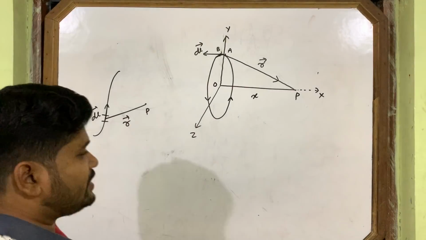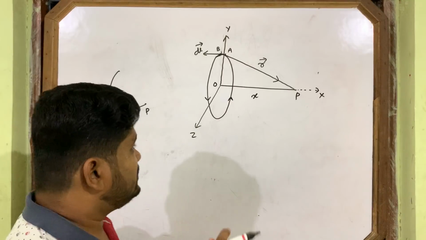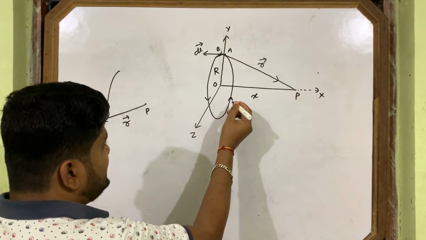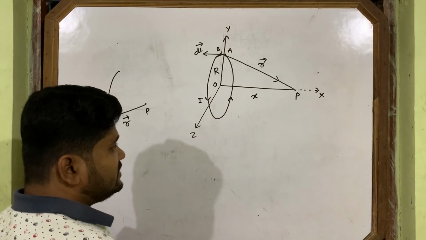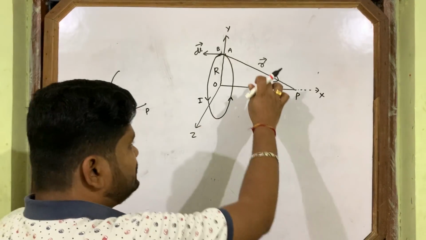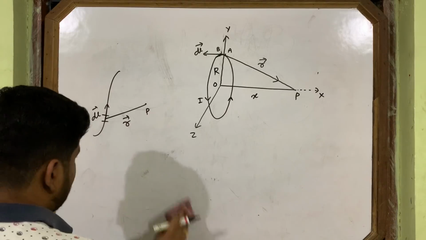Now write the expression of dB according to Biot-Savart law. Take the radius of the coil as R, I is the current passing through this coil, x is the distance of point P from the center, and the position vector is r vector. So you will use Biot-Savart law here.